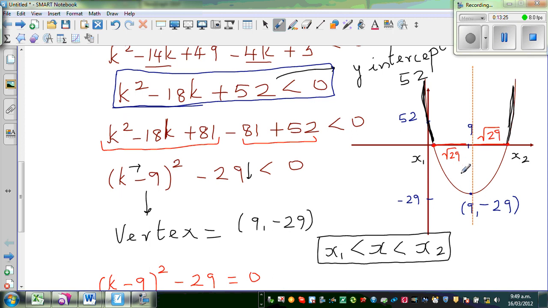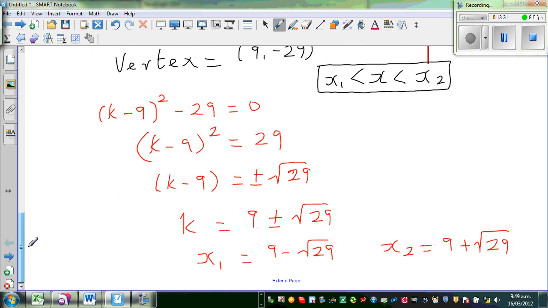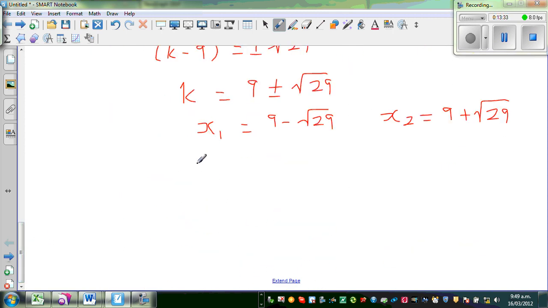So x1 is 9 minus root 29, and x2 is 9 plus root 29. So you can say k is greater than 9 minus root 29, but less than 9 plus root 29.